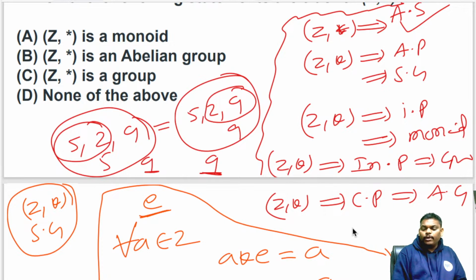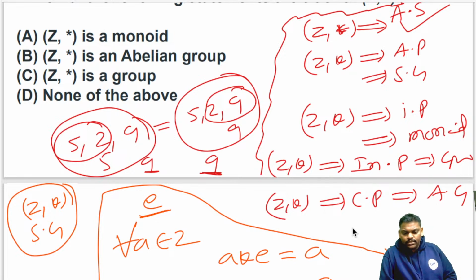For all a belongs to Z, a * E is equal to a, and E * a is equal to a. That is called the identity element. Any element with the star operation with E, the answer is that element only. If you can find any element like this, then I can say the identity element exists.